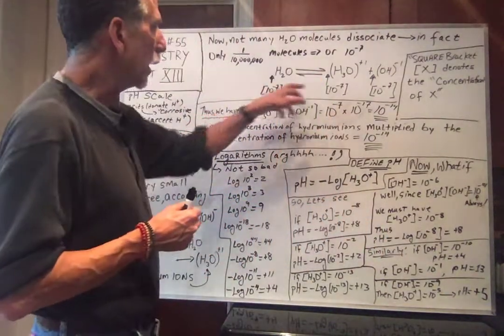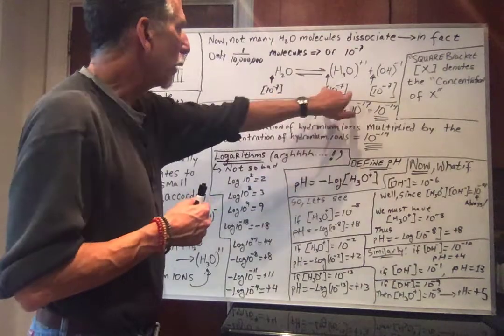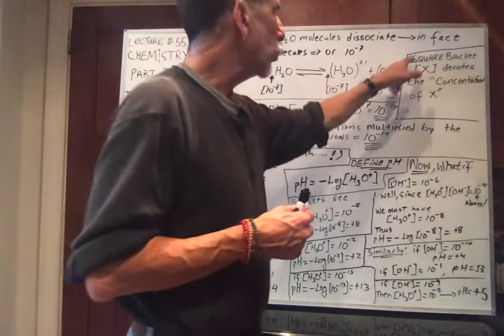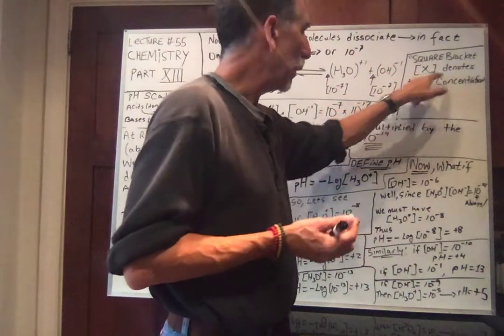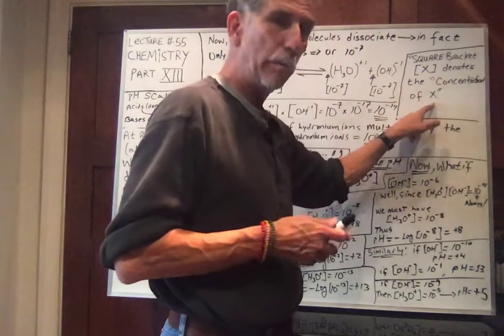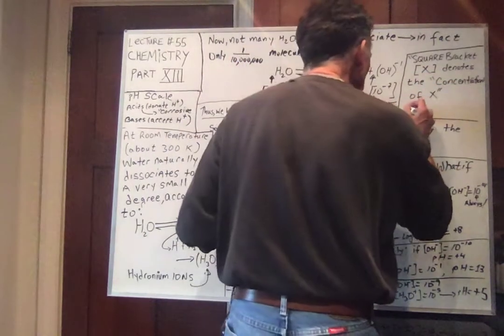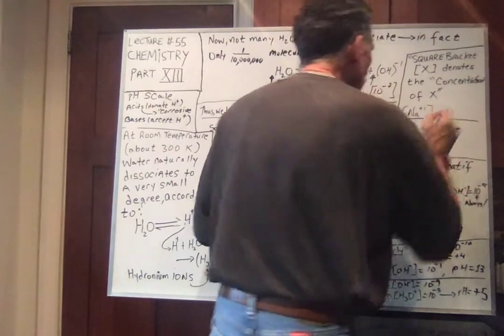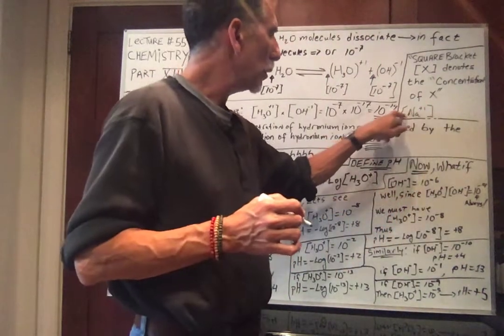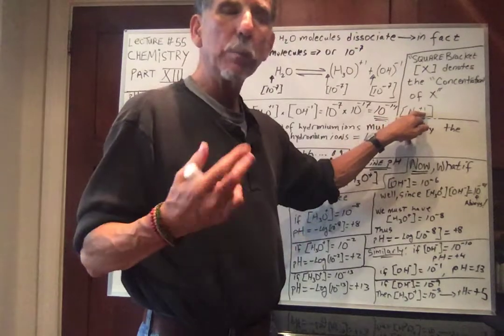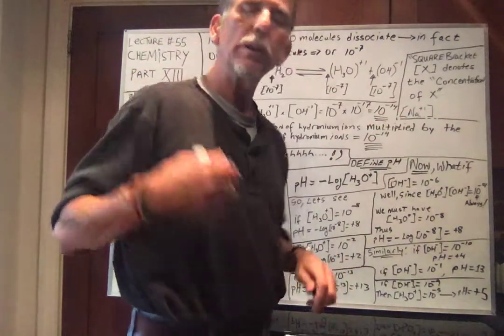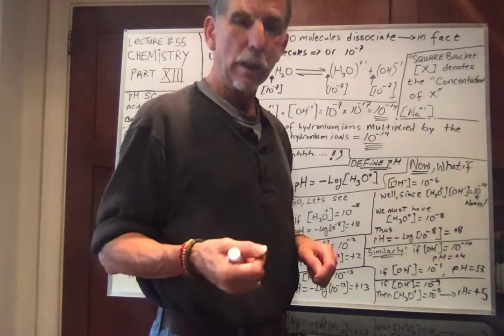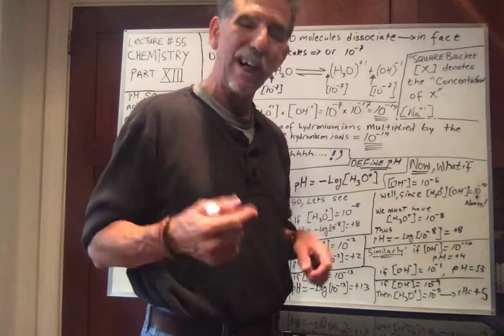Now when I write square brackets and put X in there, it denotes the concentration of X. So the square bracket Na plus would represent the concentration of sodium ions. So square bracket implies concentration.